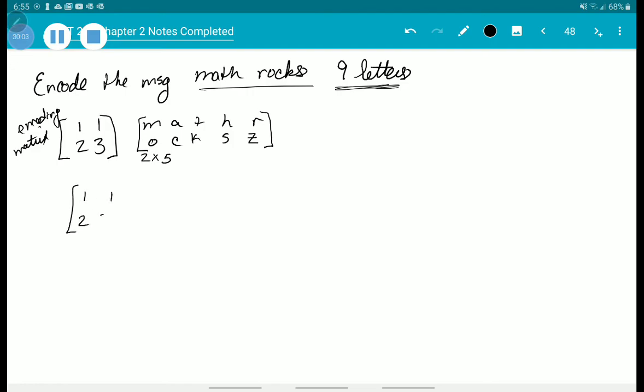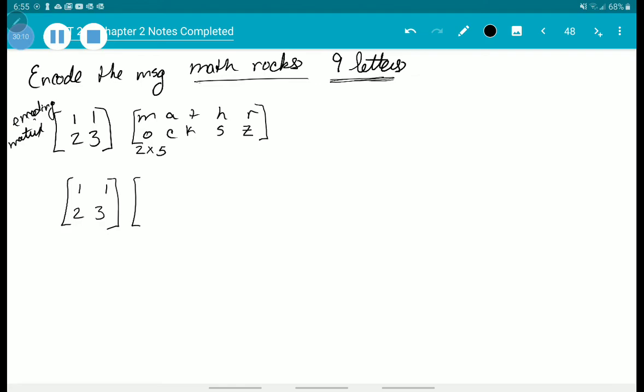So this is where you may want to pause the video and encode and see what you get, and then compare with the end. I'm going to use the calculator to multiply.